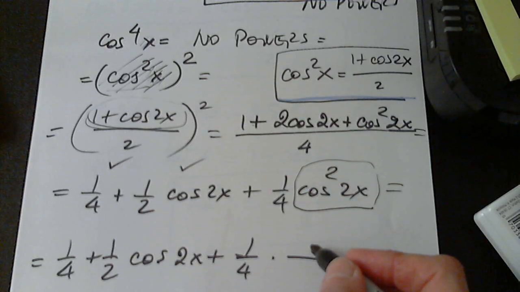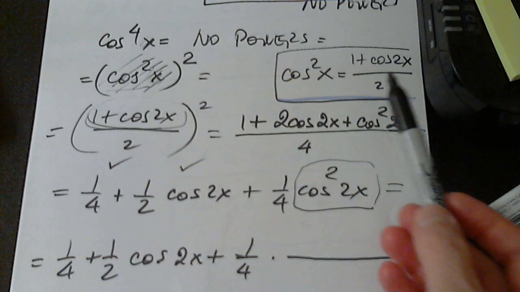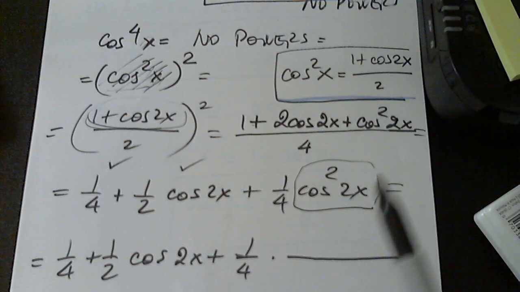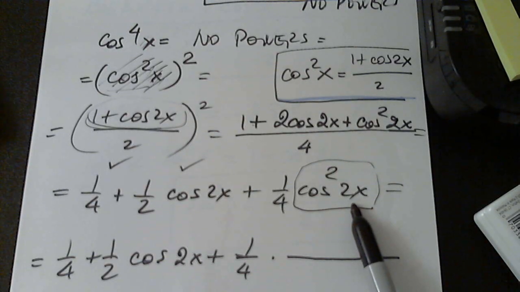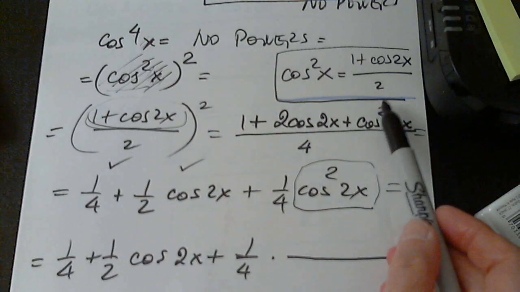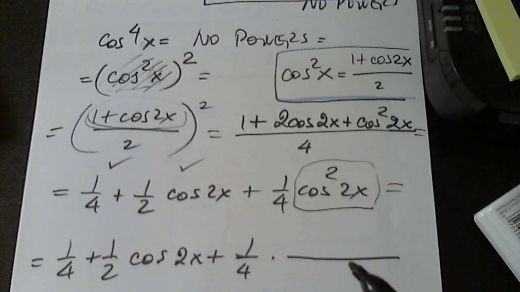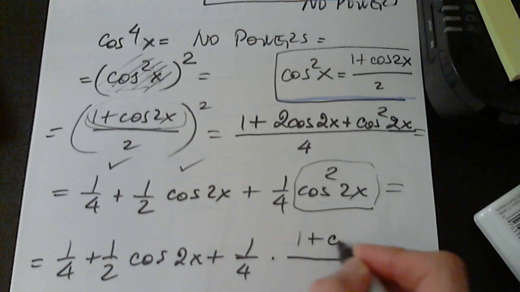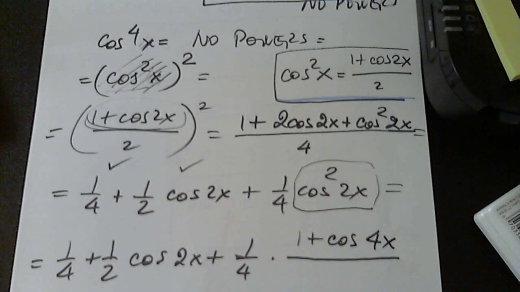The identity is up here, but now the angle is 2x. Give it a shot, please. 1 plus cosine 4x over 2. Excellent. Thank you for saving us.